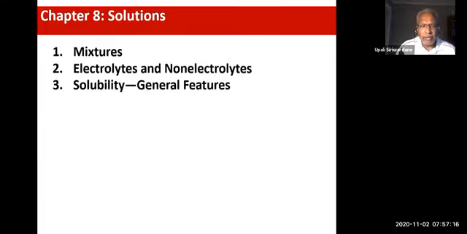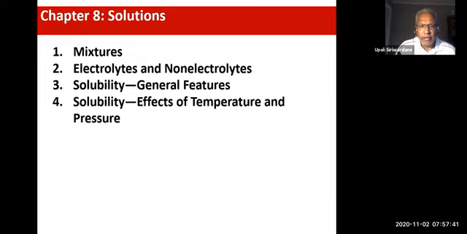We're going to talk about solubility in general. Grams per liter is the general concentration of solute, grams in liters of solution. Solubility varies depending on the compound or the solute that goes into the solution. Solubility is affected by temperature and pressure.